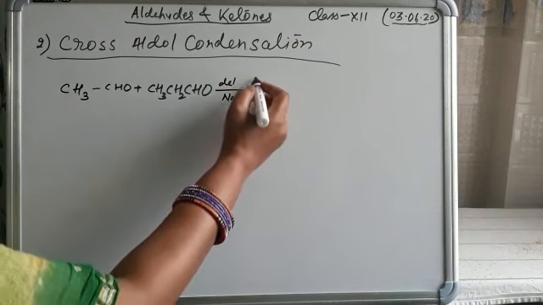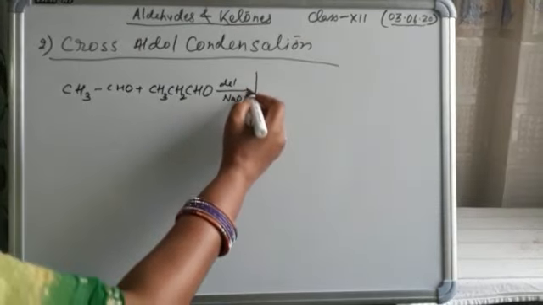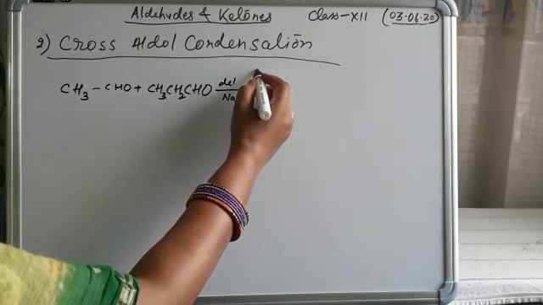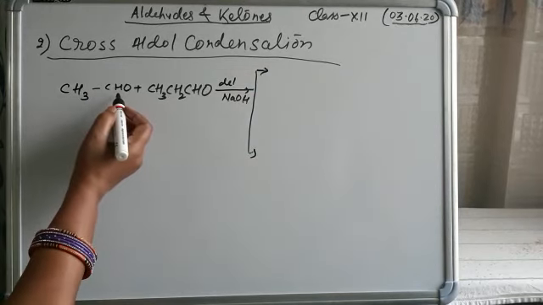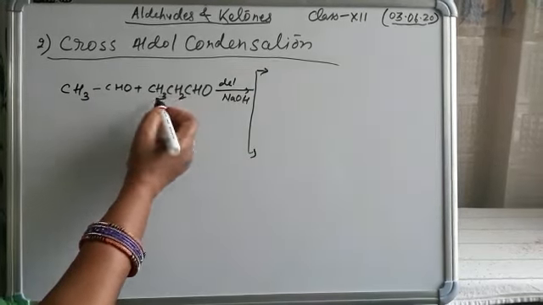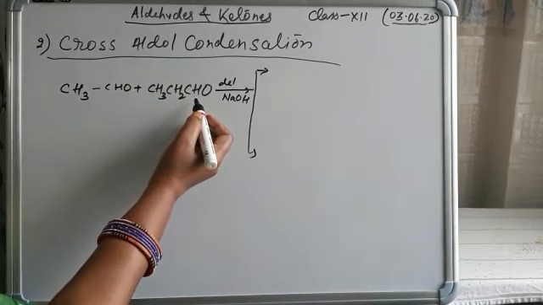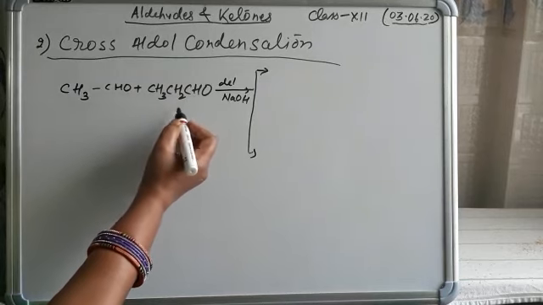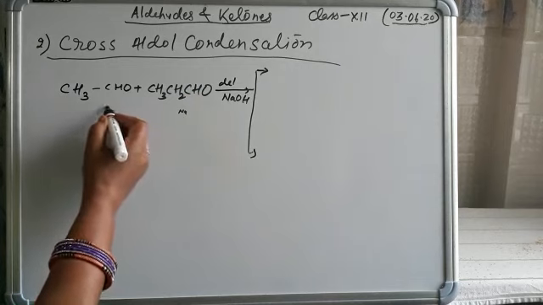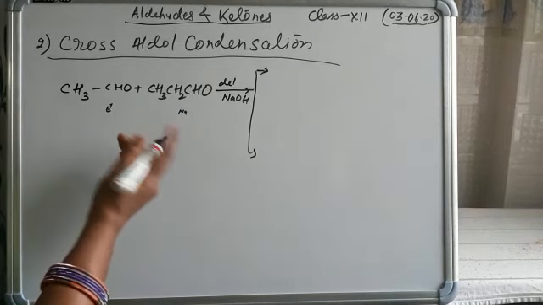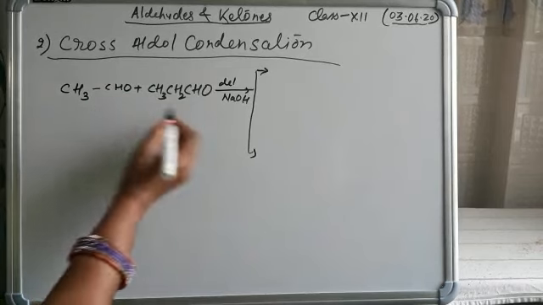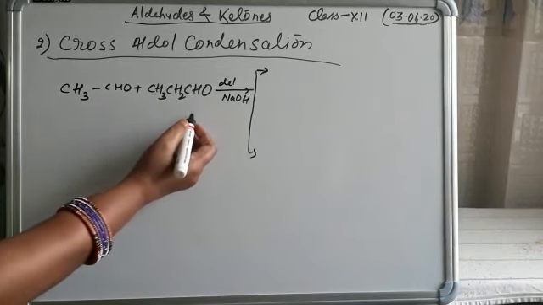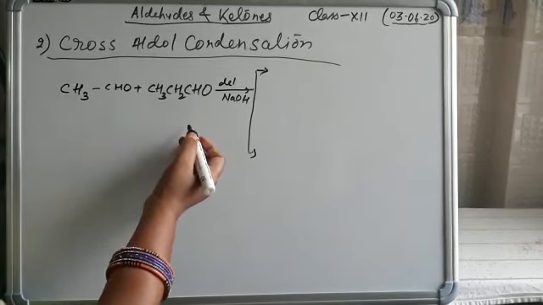A mixture of compounds will be formed. Ethanal reacts with itself to form one product. Propanal reacts with itself to form one product. And when this becomes nucleophile and this becomes electrophile, one product will be formed. And when we reverse, this becomes nucleophile and this becomes electrophile, another product will be formed.